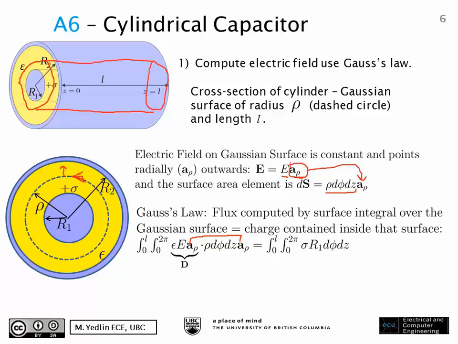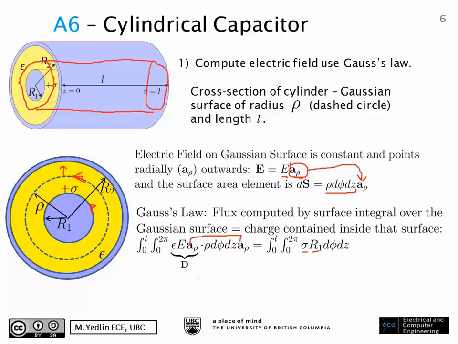On the right hand side we have the charge, which is sigma times R1 dφ. So there's an R1 dφ here, and then you can imagine into the page the dz. So we add all that up. Sigma is a constant, so we're just going to get a relationship of areas.